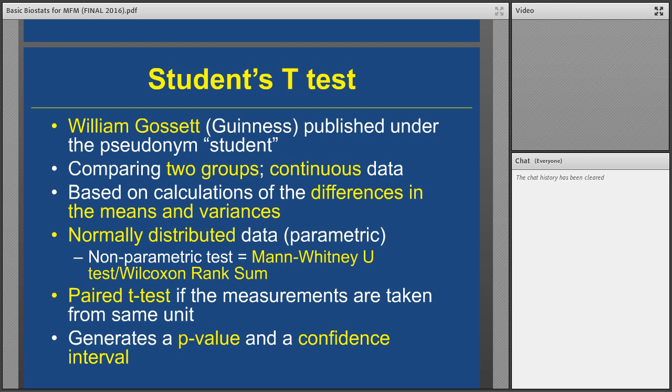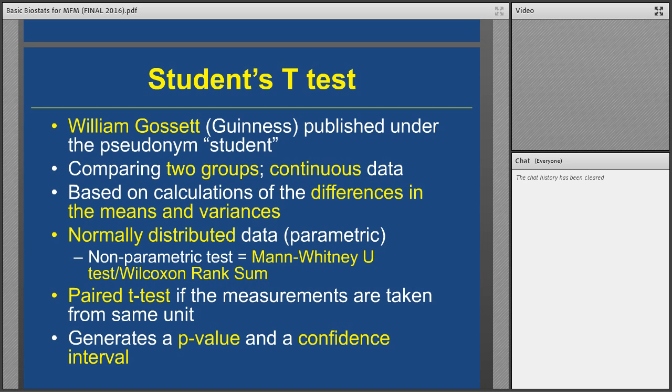And it's calculating differences in the means and the variance amongst this data set. And this relies on normally distributed data, and so it's called a parametric test. And we can only apply student's t-test when the data is normally distributed. So we would look at the data using the KS test, and then we would apply student's t-test if those four conditions of normal distribution were met.